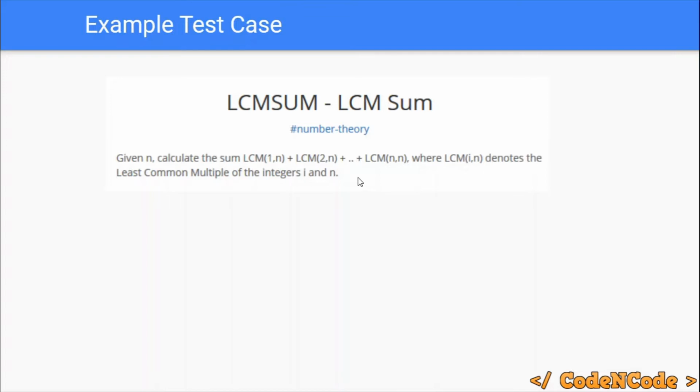Now, the basic approach using which you can calculate this, the super naive approach, would be to calculate the LCM of each pair and then add it and print the solution. This would require n log n time, because of the log n factor from the calculation of GCD. To calculate the LCM of a and b, as we all know, is a times b divided by GCD of a comma b.